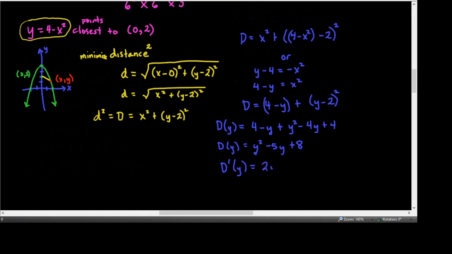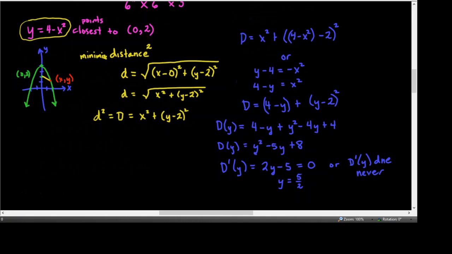So that's 2y minus 5. Find out when that's equal to 0, or when d prime of y doesn't exist, because that's a linear polynomial. That's never an issue. And over here, y is equal to 5/2.